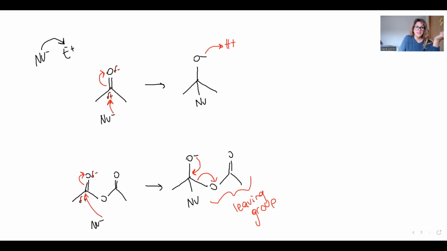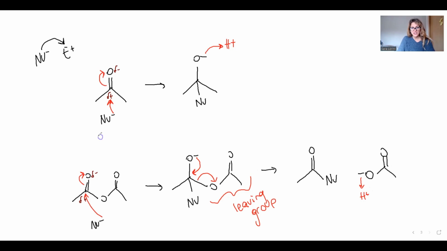So now we have a nucleophile attached here, and this has left the molecule with a negative charge and probably would react with something else. For example, this could react with an H+ to form a pretty stable molecule, a carboxylic acid, as a leaving group.